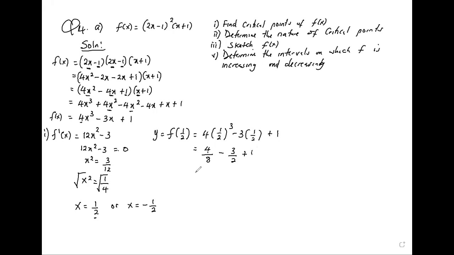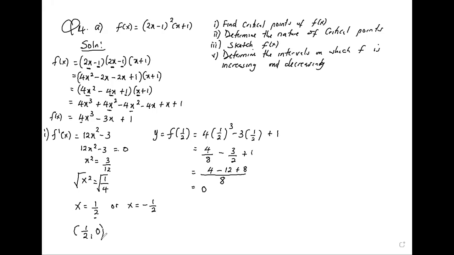If we get 8 in the denominator here, we have 4 minus 12 plus 8. 4 minus 12 is minus 8. Minus 8 plus 8, we get 0. This is 0 over 8, which is just 0. This means that we have a point half comma 0.